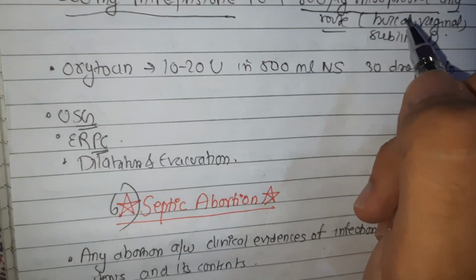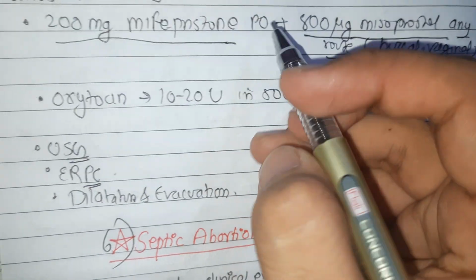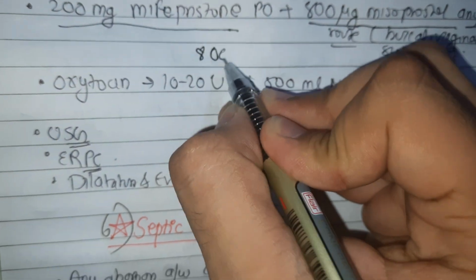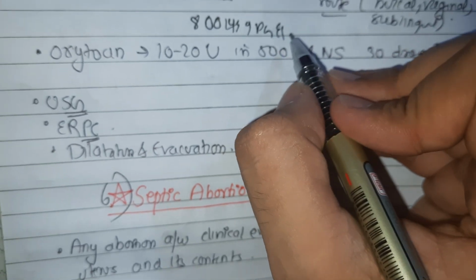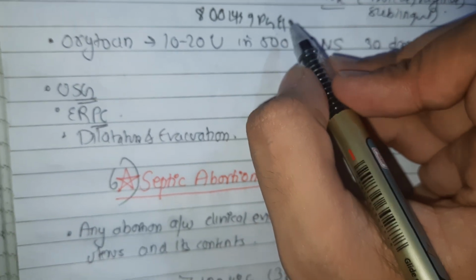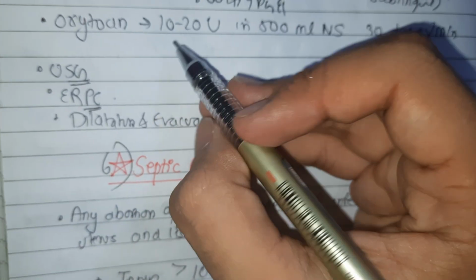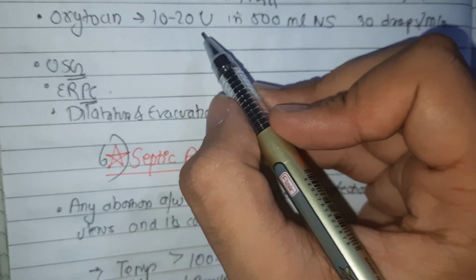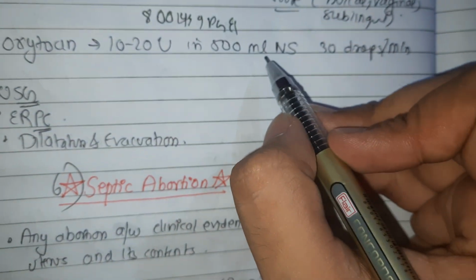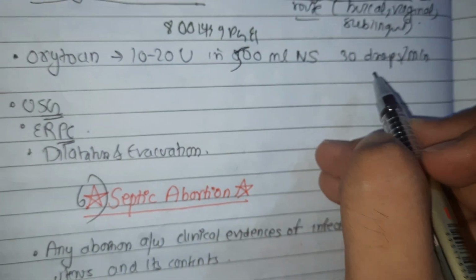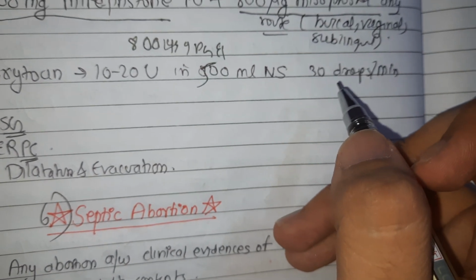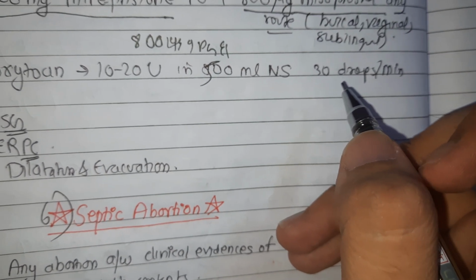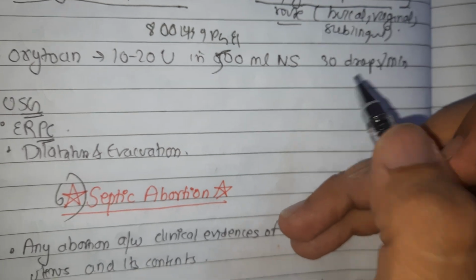The alternate regimen is 800 microgram of the prostaglandin E1 analog, misoprostol tablet, used by any route, buccal, vaginal, or sublingual. And secondly, we can use oxytocin, 10 to 20 units of oxytocin in 500 ml normal saline at 30 drops per minute. If needed, the dose of oxytocin may be escalated to a maximum of 200 units with monitoring.